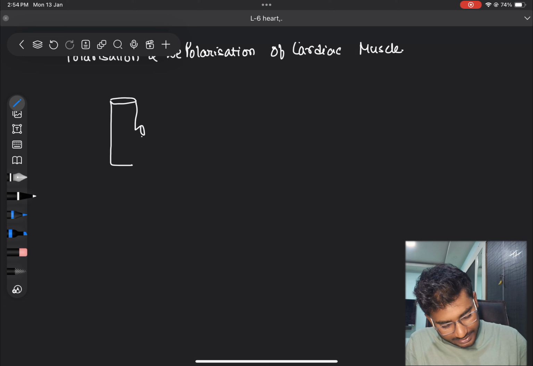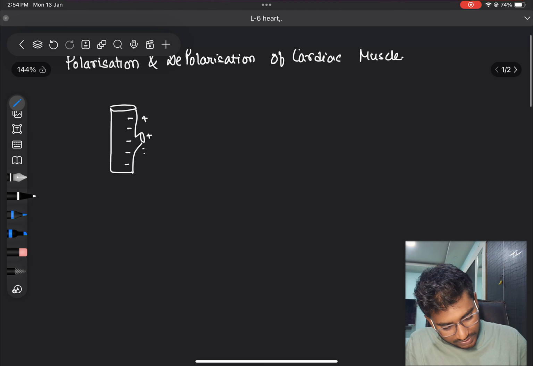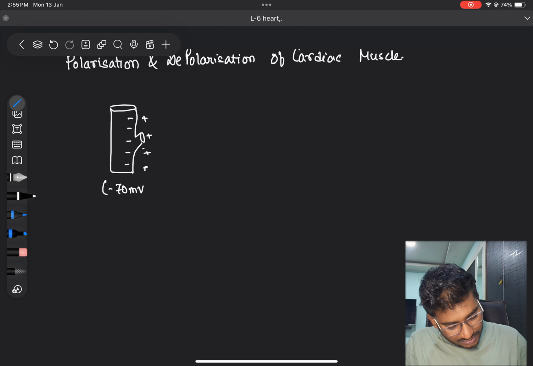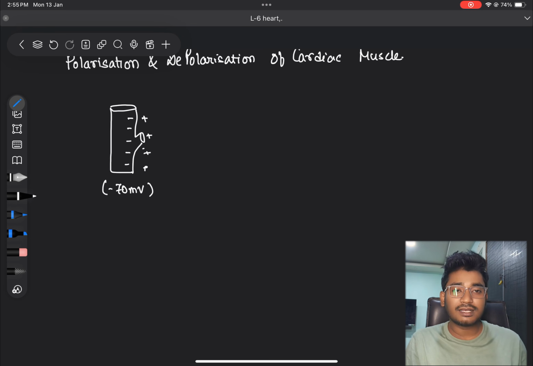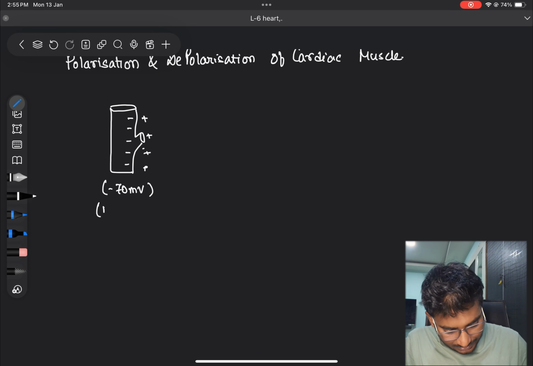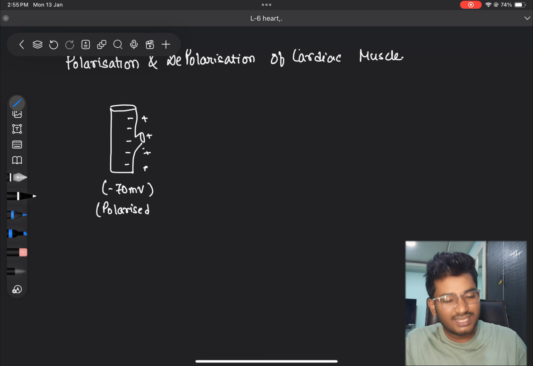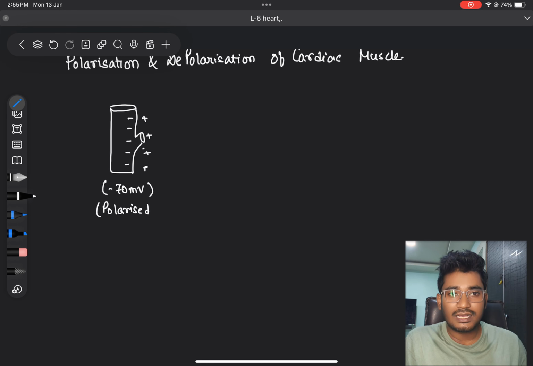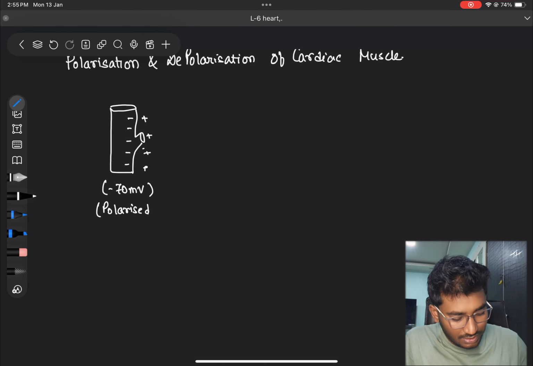Let this be the cardiac muscle, where the negative charge is inside the cardiac muscle and the positive charge is outside. Now it is minus 70 millivolt, and this state is called the polarized state. Polarized state means it is a relaxed state. The relaxed state of the cardiac muscle is called the polarized state.